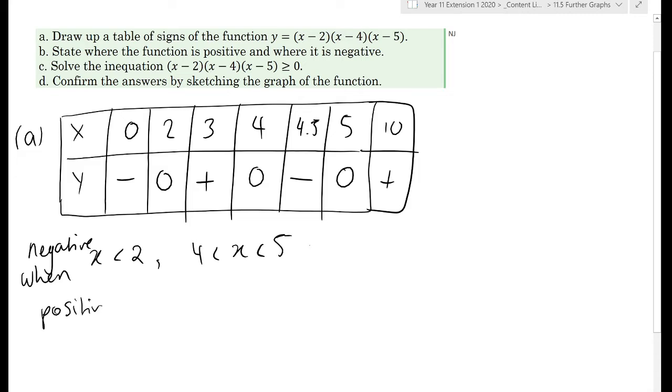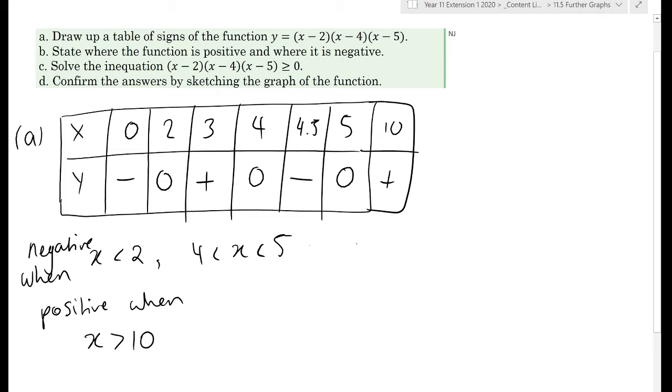Now we know this thing is positive when it is, okay? So in this case, we don't want the values exactly. We just want to know where it's positive and where it's negative. So if it's 0, it's neither. Now we know it's positive when x is greater than 10, okay? Because we know from this 10 in the last bit.